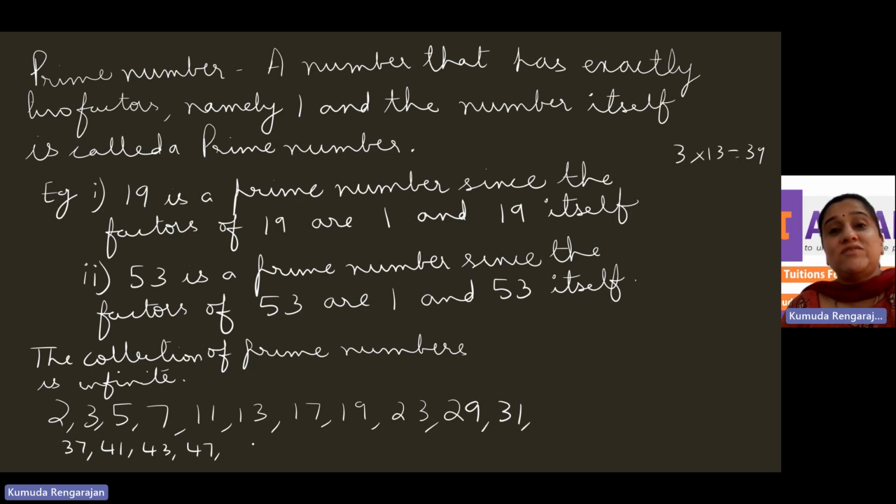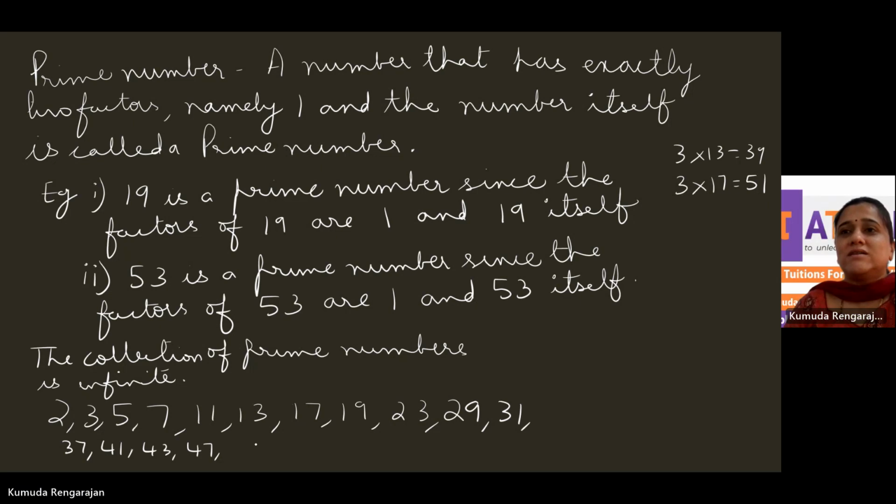Okay, 51, 3 tables. 3 how many times? 3 17 times is 51. 52. 53.